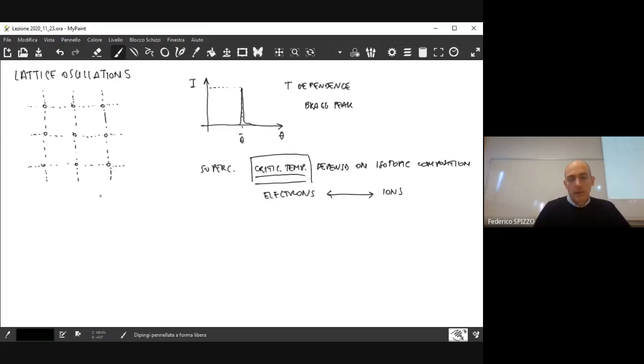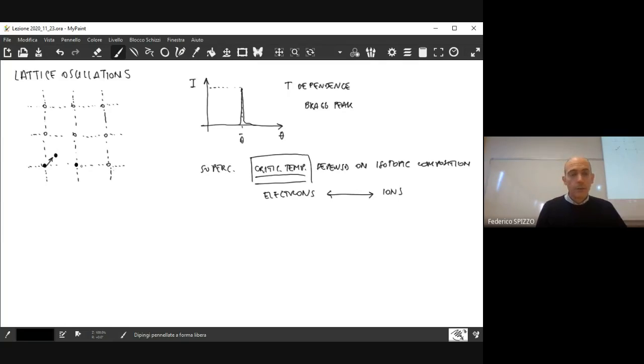Now it's nearly 11:30, so I will not start with any calculation. From the next lesson, what I will try to do is use as a starting point the Bravais lattice of the system and allow each of the ions of the Bravais lattice to display a displacement.